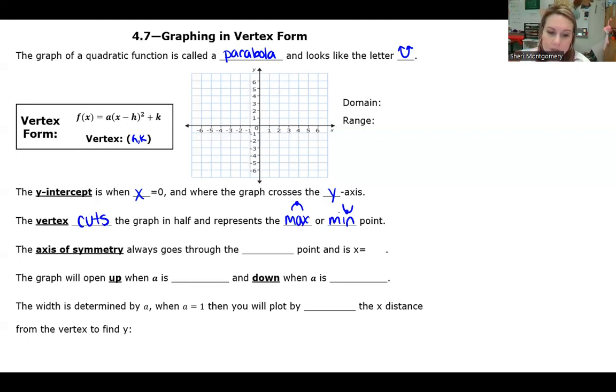The axis of symmetry always goes through the vertex, and it's always x is equal to the x value of the vertex. So you could say x is equal to h.